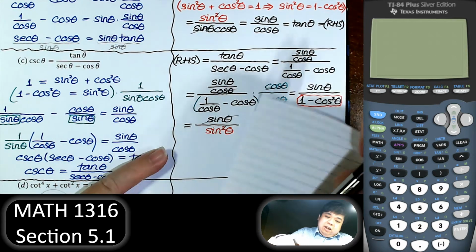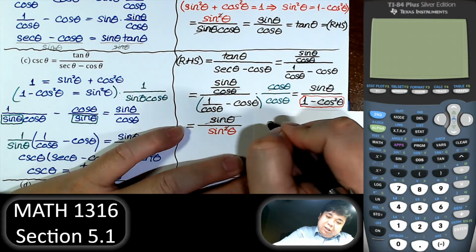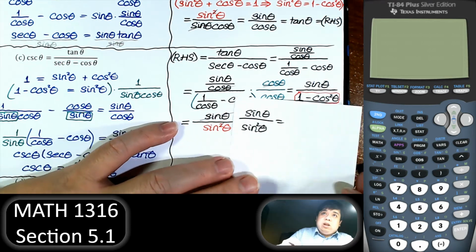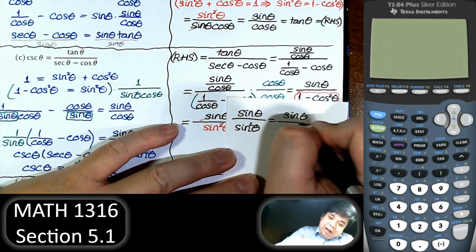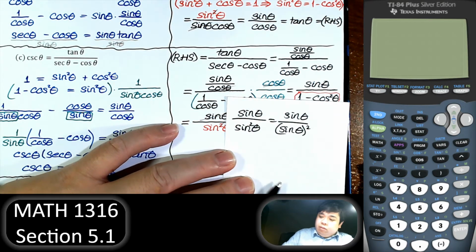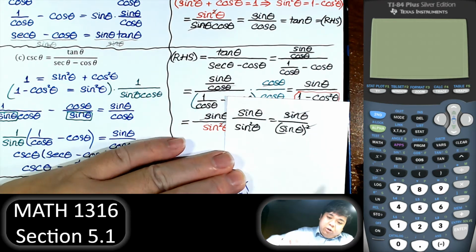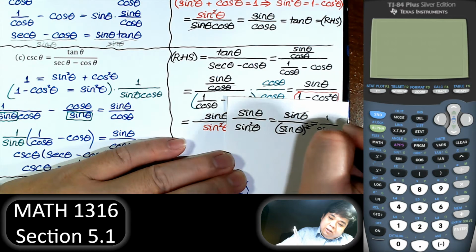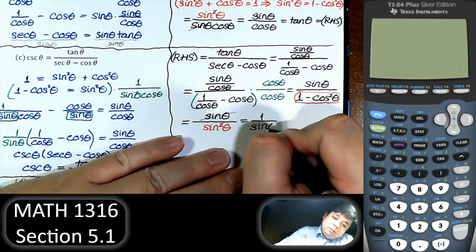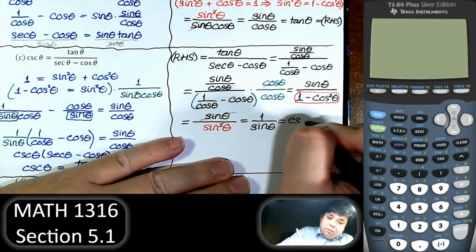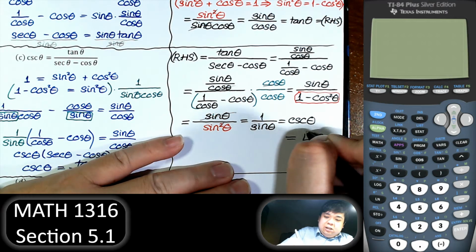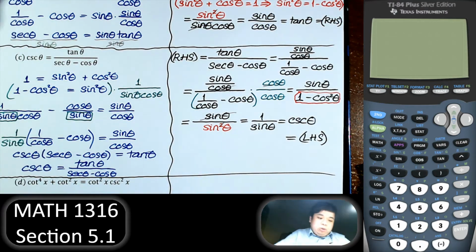We cancel that, we have 1 over sine, which is cosecant. And that is what we have on the left hand side. So that certainly works too.